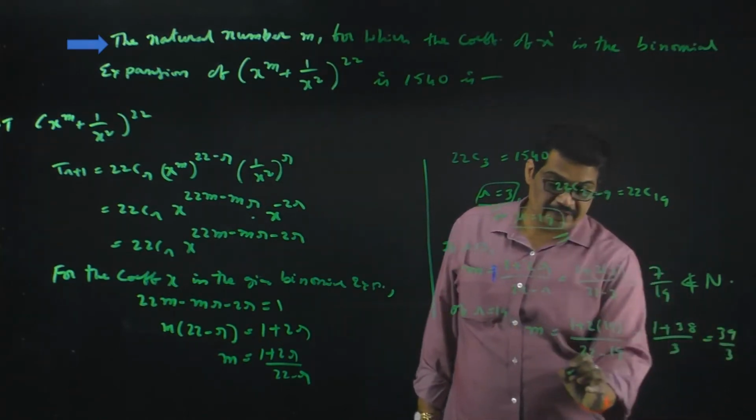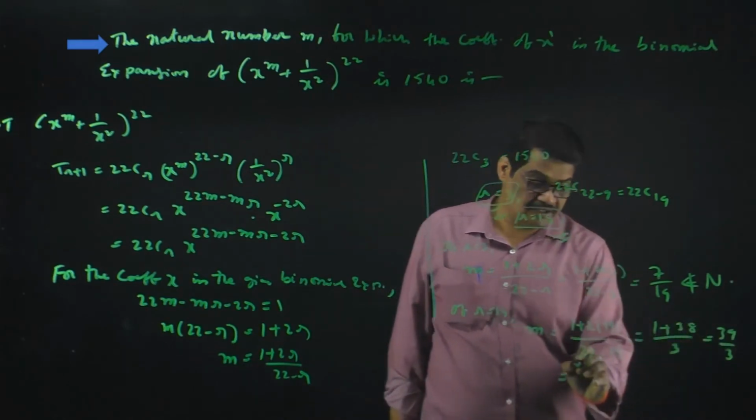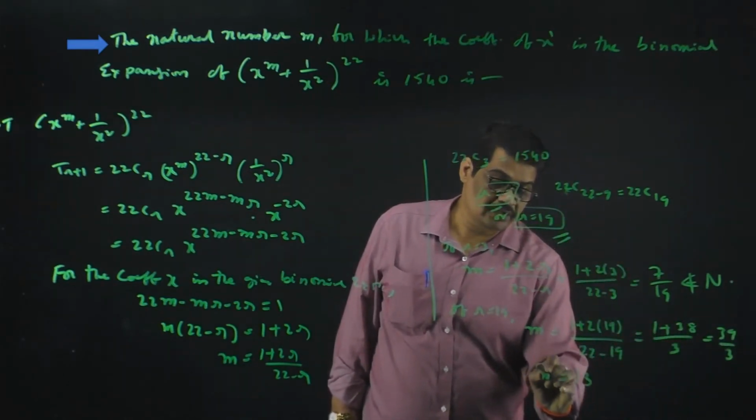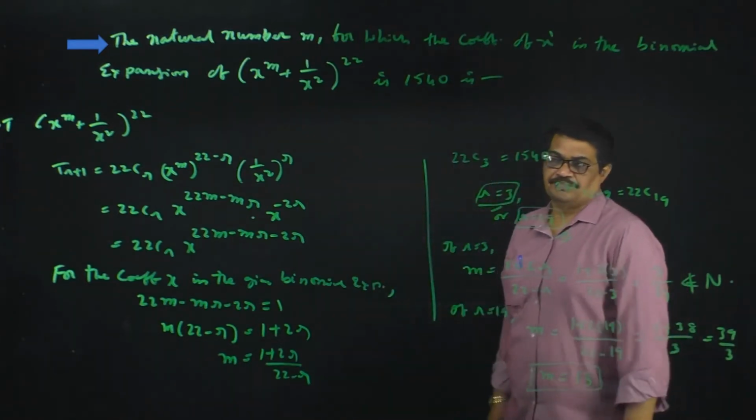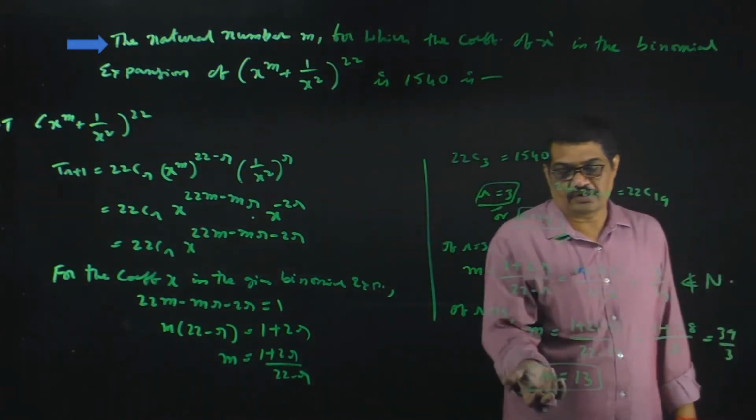From that we get m is 39 by 3, that is 13. So m is 13. This is the value of m.